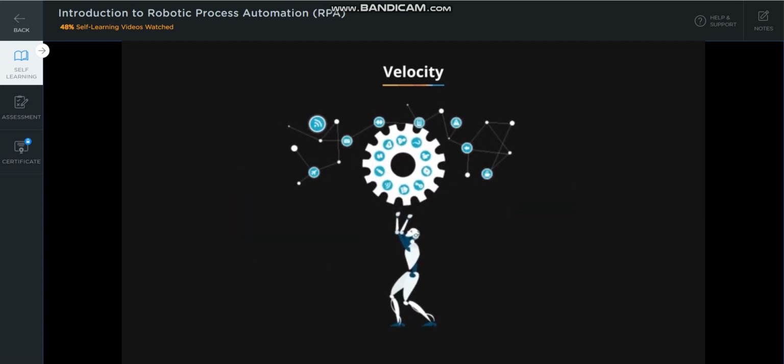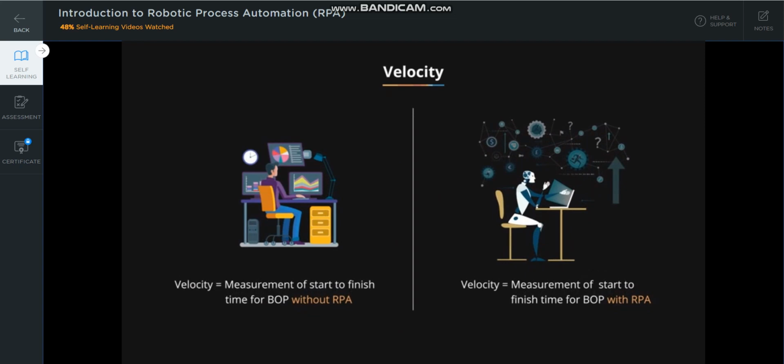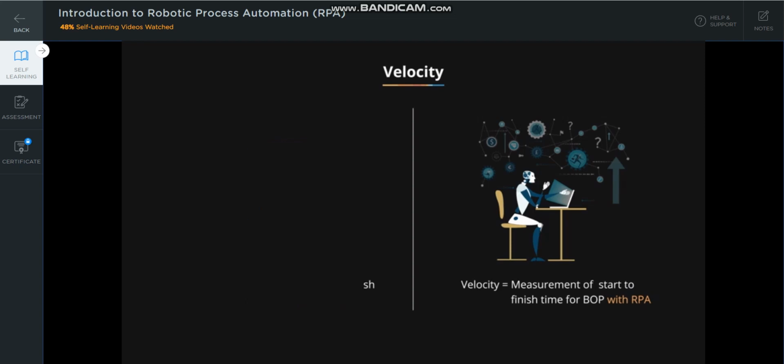RPA can complete repetitive tasks in just hours as compared to days or weeks or even months otherwise. Velocity equals measuring start to finish time for back office processes with and without RPA, and then comparing.